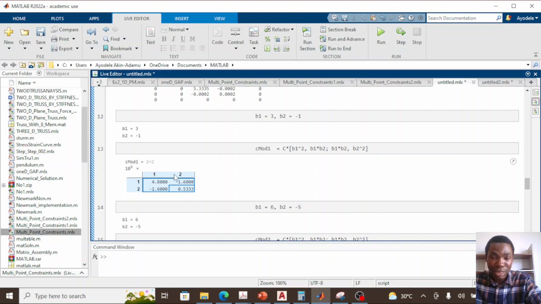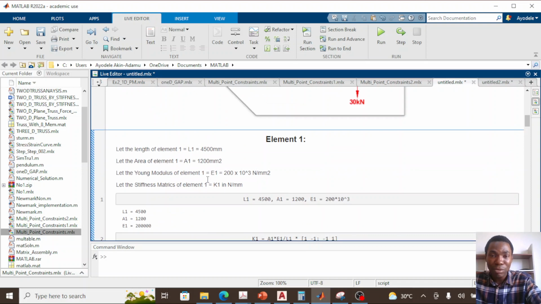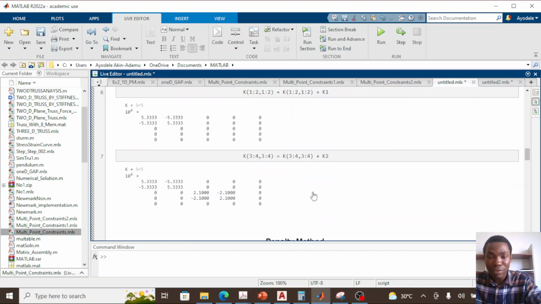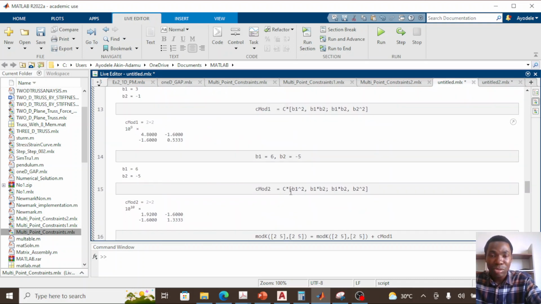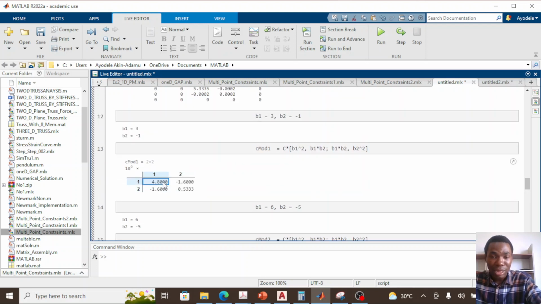So we need to add this, as I told you, at position 2 and 5, because that is the node we are considering, at position 2 and 5 of the global stiffness matrix. So this matrix will be added at 2 and 5.